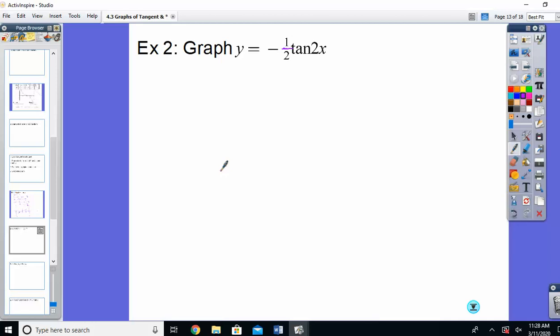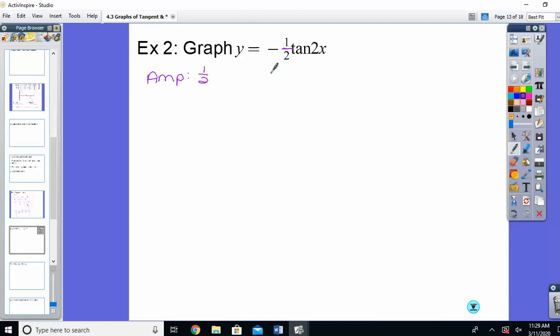Y equals -1/2 tangent of 2x. Okay. Amplitude, one-half.